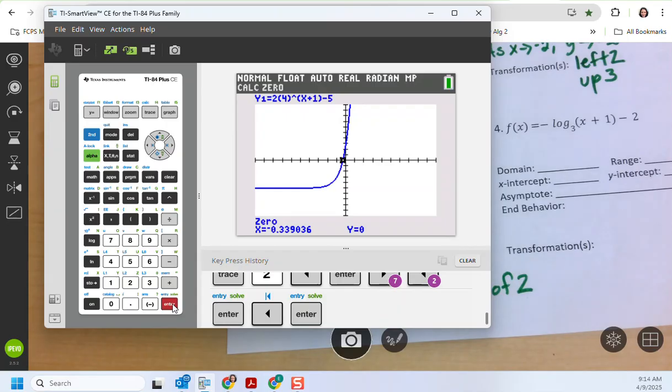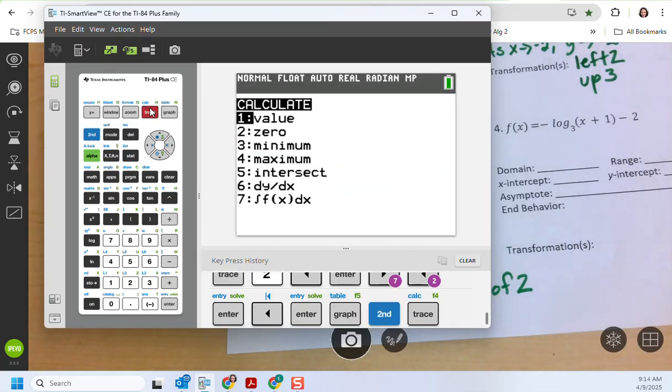So I'm getting -0.339. Anybody else get that? Does anybody want to see it one more time? All right, so you have the graph. I'm going to go back to graph and you do second trace. We're trying to find the 0 of the function. That's choice 2, so press 2.